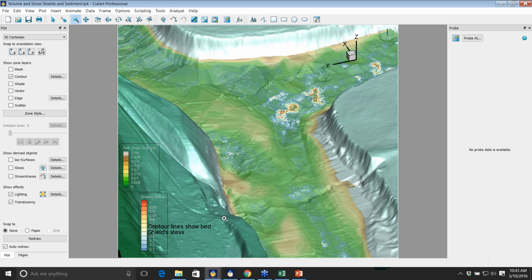So what I have here is the ground elevation contours. I also have a map of the sediment grain size, again from those dummy samples, but distributed where we had those. And then I'm showing the Shields stress and showing we have these spots where we're likely to have scour occur.